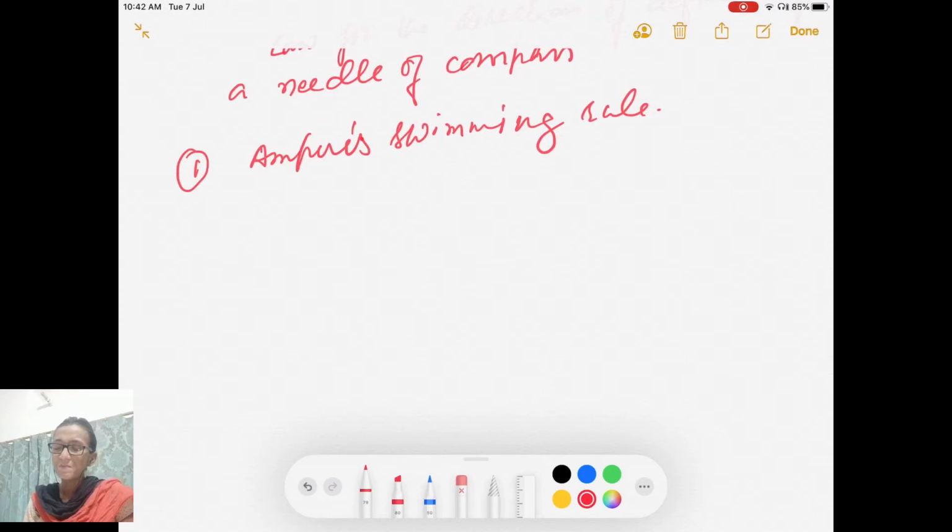What is this? Suppose you have a compass needle pointing in the north-south direction. The red spot is for the North Pole.